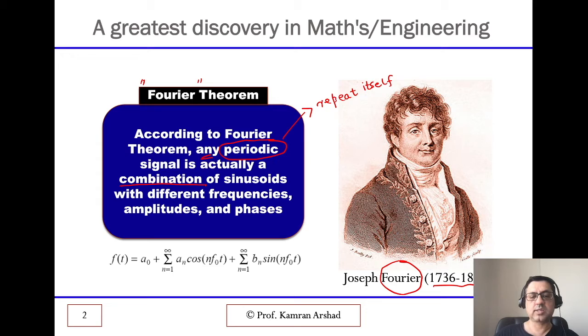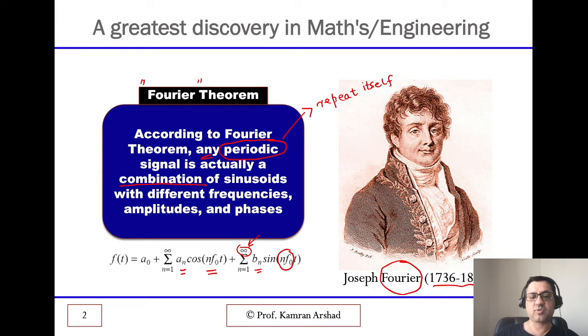And how large? He normally says it is infinity. In some cases it is less, but in general, any periodic signal is a summation of an infinite number of sinusoids of different amplitudes, a_n, b_n, and different frequencies, n f naught. And what is this n f naught?